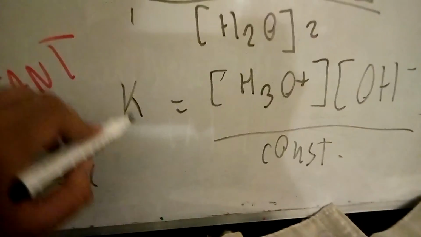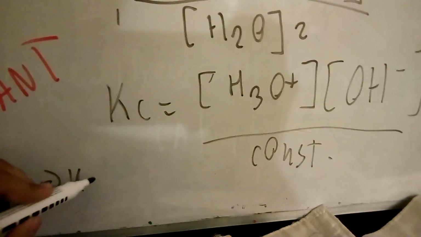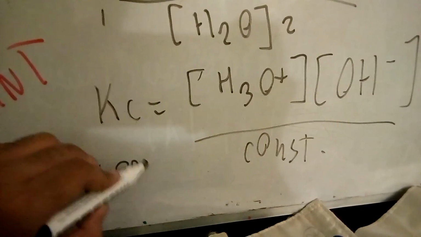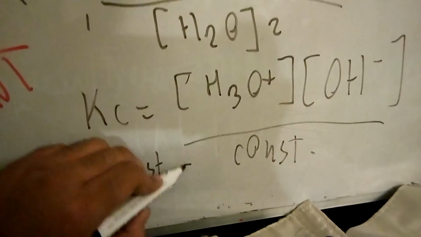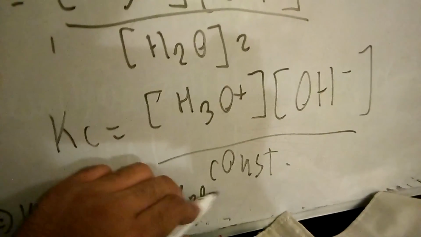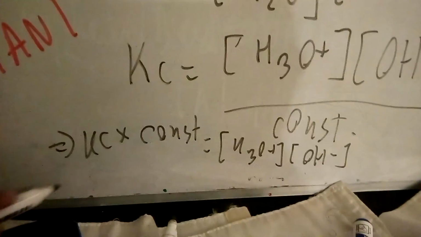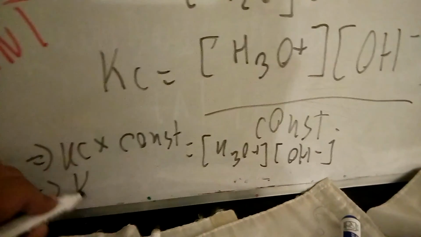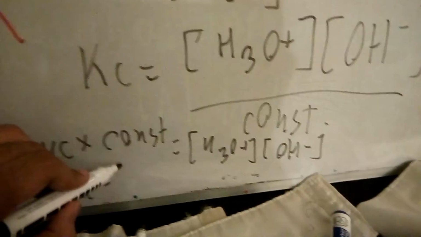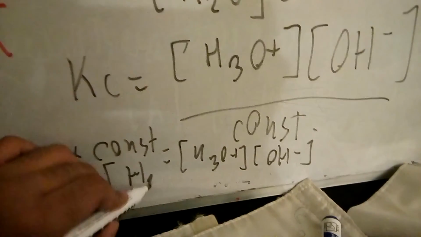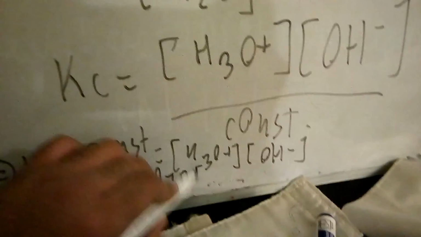So Kc, wait, this has a c. So Kc times the constant equals H3O plus times OH minus, and a constant times a constant will result in another constant, which is equal to H3O plus times OH minus.